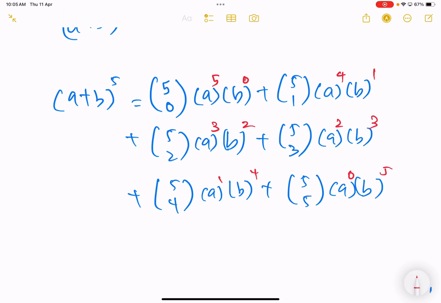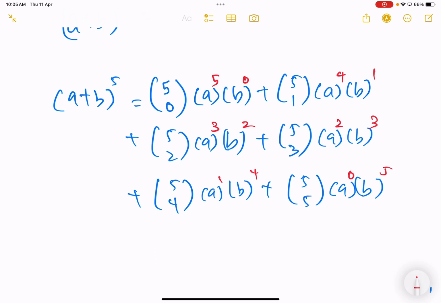The A, the first term, will be descending powers, starting from the power n. So 5, 4, 3, 2, 1, 0. The B is ascending. So it will be 0, 1, 2, 3, 4, 5. Okay, this is the binomial theorem.